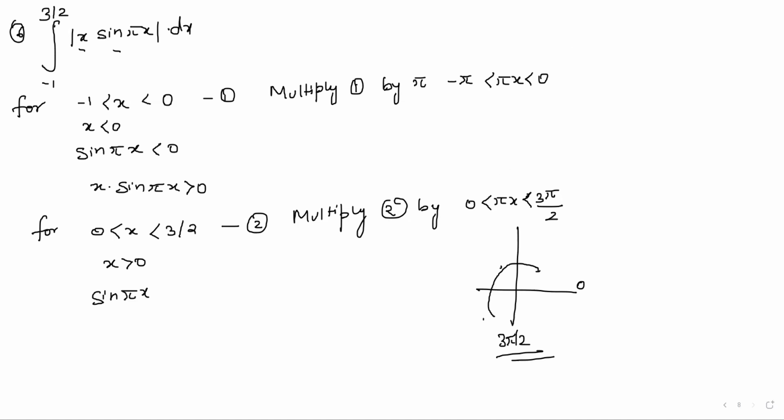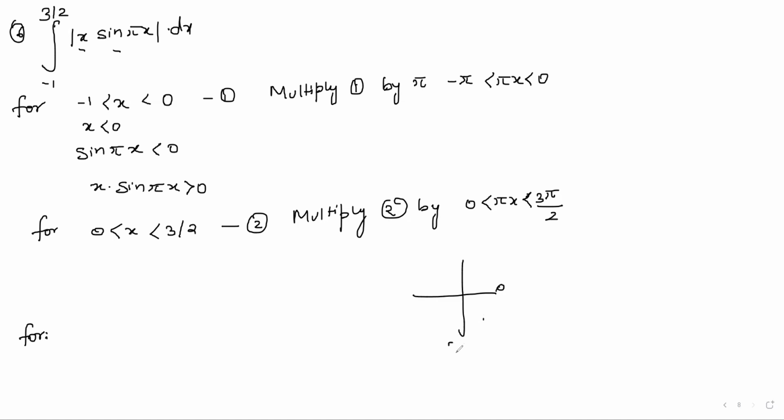So what will we do now? It means we cannot take 3/2 as is; we will break this into one more limit. What could that limit be? Not 1/2, it is 0 to 3/2. What you are saying is also correct, we can solve it that way too: 0 to 1/2, then 1/2 to 1.